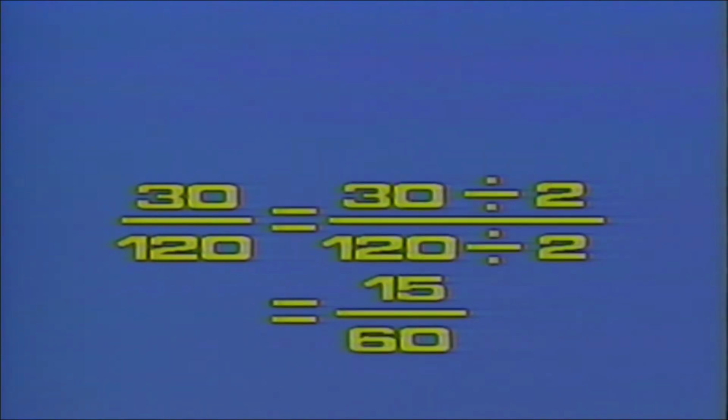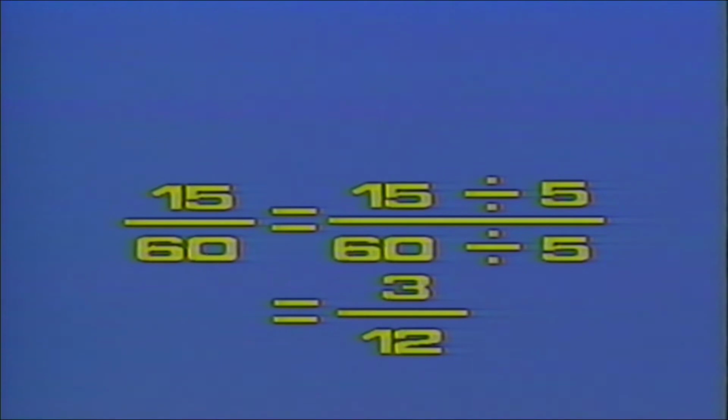We want to reduce to lowest terms, or to the smallest possible whole numbers in the numerator and denominator. Let's first divide by 2, a common factor. This gives the result 15/60. To get to lowest terms, we continue to divide by common factors.